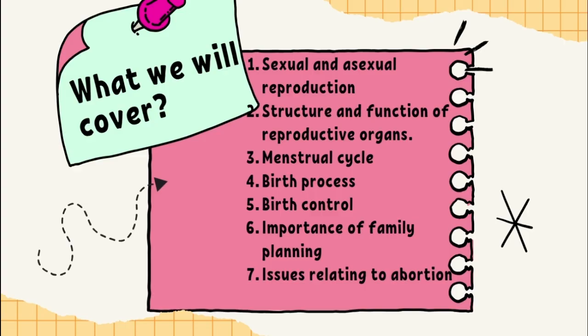Then you have the menstrual cycle, the birth process, birth control, the importance of family planning, and then the issues relating to abortion. This is a quick crash course, so we're going to take our time and go over everything in a timely manner.